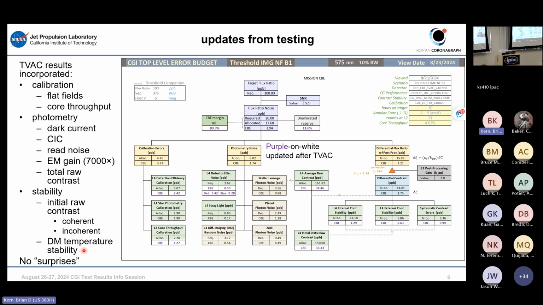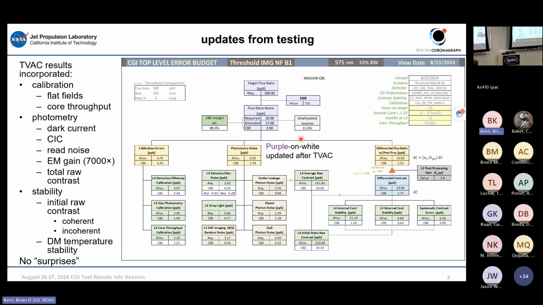Caleb yesterday showed the sensitivity of the DMs to changing temperature. As he said, that's the flip side to how stable is the temperature. So we had that input, and it's fantastic. This turns into a complete non-issue given the thermal stability we did achieve on the DMs.